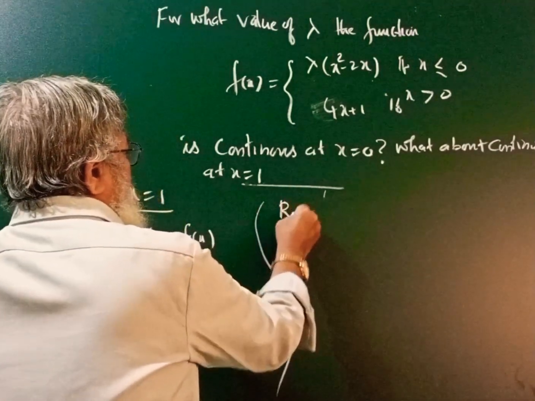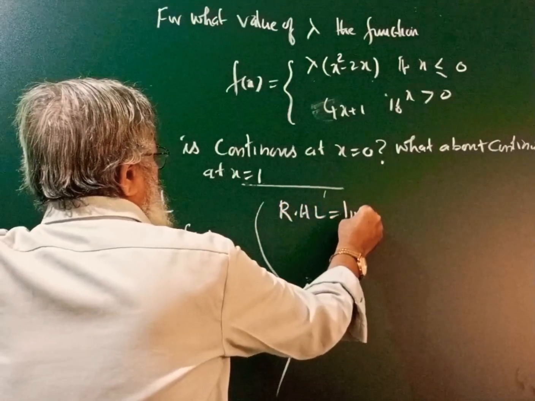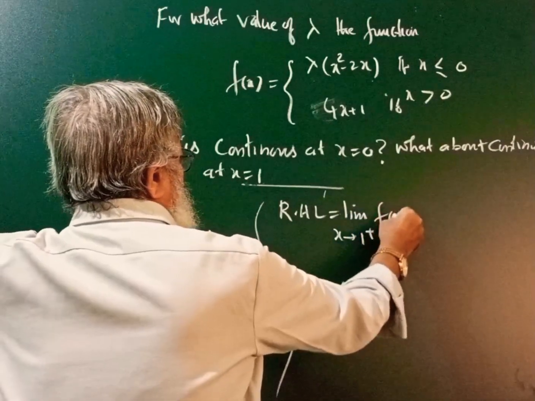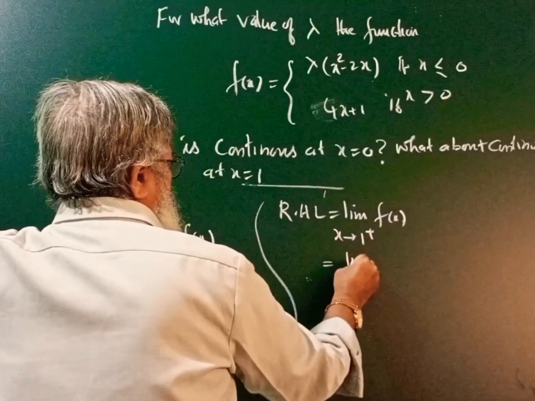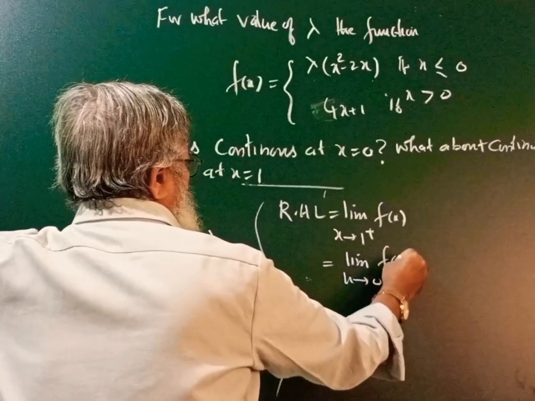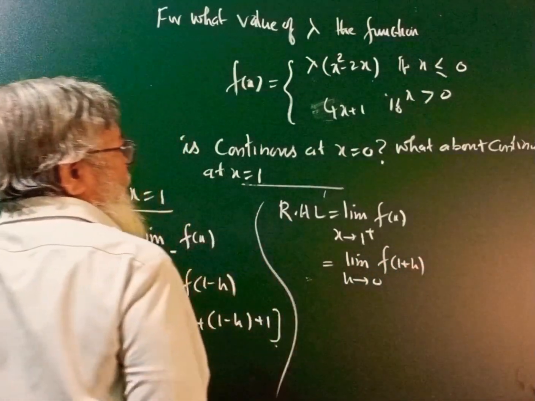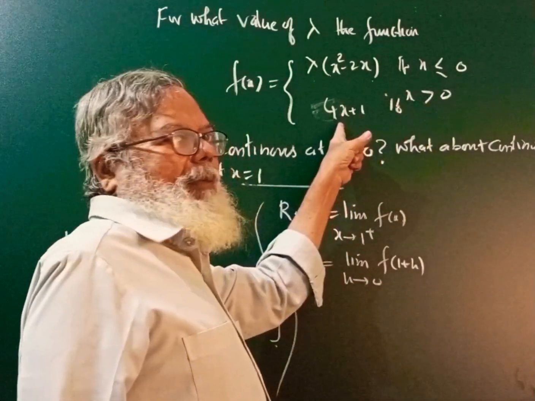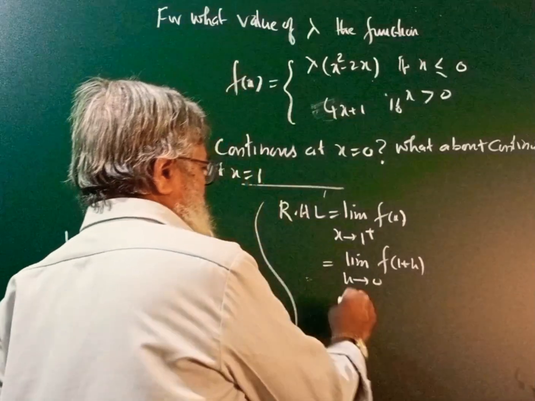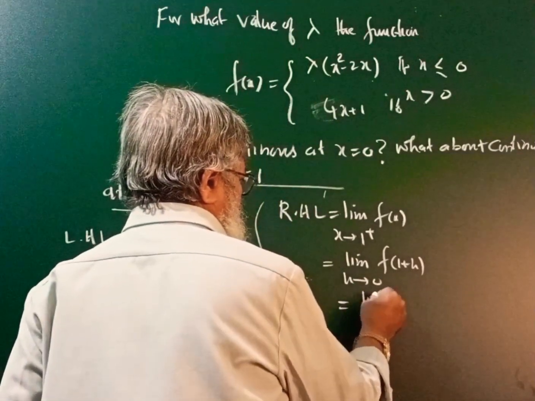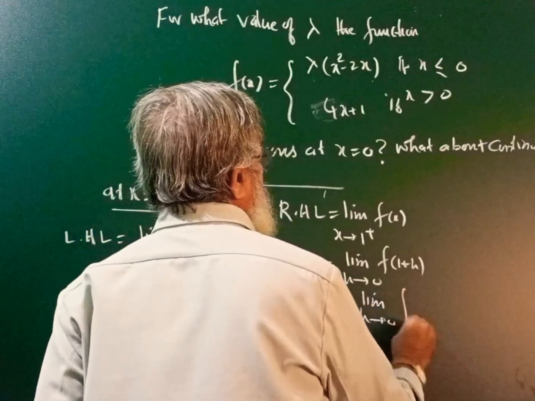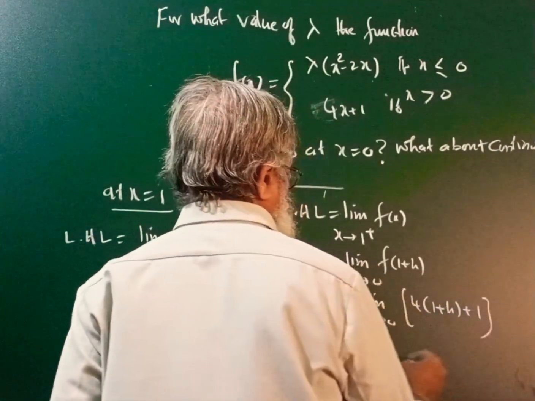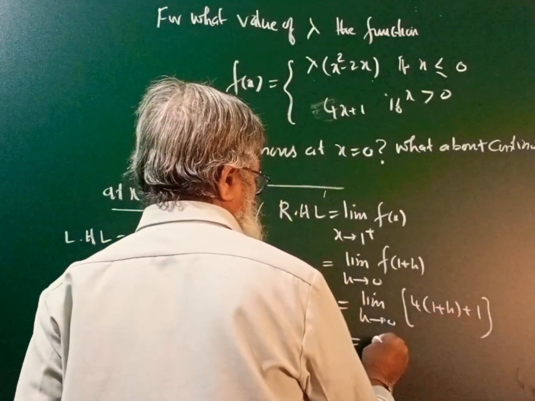Now let us see the right hand limit. The right hand limit is given by limit x tends to 1 from the positive side of f, that is limit h tends to 0 of f(1 plus h). Again the value is greater than 0, so only that condition is admissible here; we cannot take the other. Therefore we take 4 into (1 plus h) plus 1, with h tends to 0, and 4 plus 1 is 5.